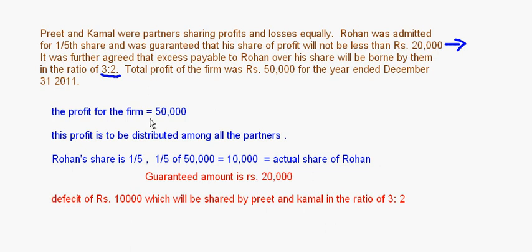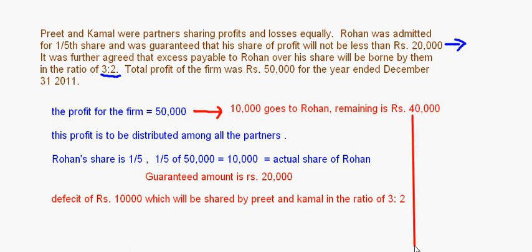Now out of that 50,000, 10,000 goes to Rohan, right? Now what is the remaining? The remaining is rupees 40,000. So this 40,000 will be shared between Preet and Kamal equally, because they have been sharing profit and losses equally, as in the first line.